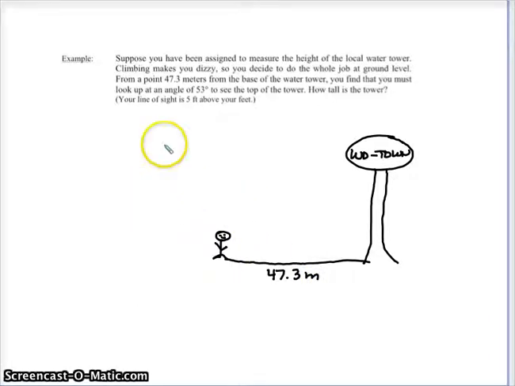It says that you look up at an angle of 53 degrees to see the top of the tower. So from your head, you're looking up at an angle of 53 degrees from the horizontal. We also call that our angle of elevation if it's above the horizontal.